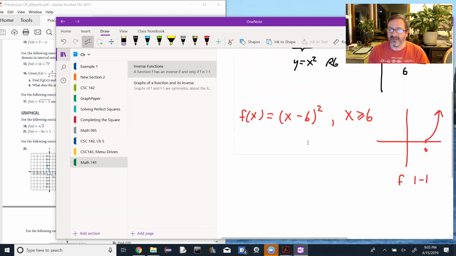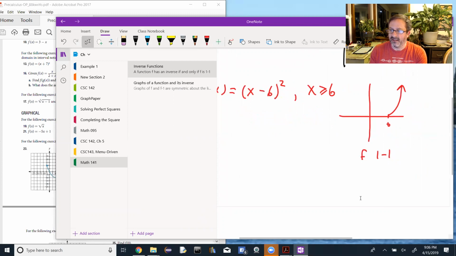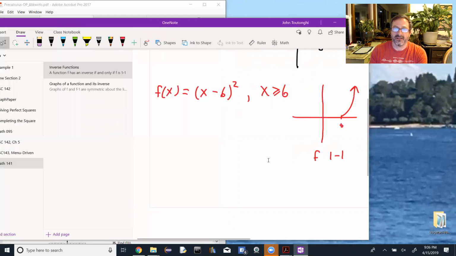So how do we find that inverse? Well, finding that inverse is the same steps as before. Let's see if I can put this more central here. And I'll go back to black, and we'll find this inverse.